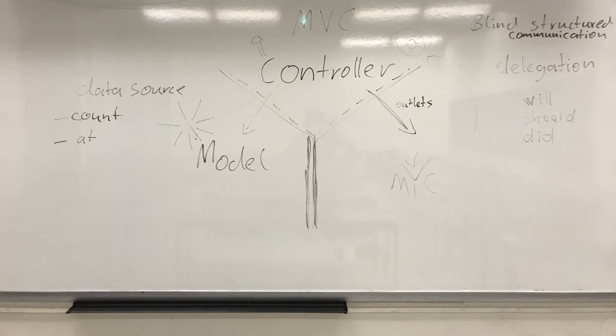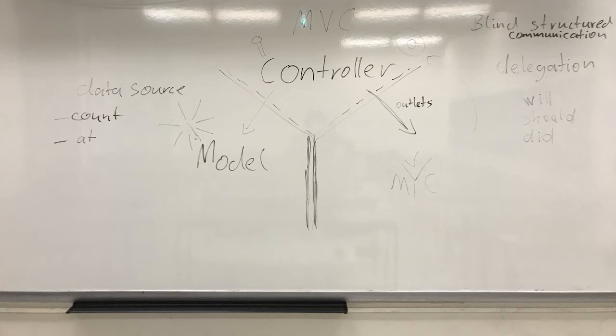For example, we have a table view, and there's a bunch of cells, pretty much a list of things. So a Twitter feed: there's a tweet, next tweet, next tweet. Our model in this example would be a tweet model.